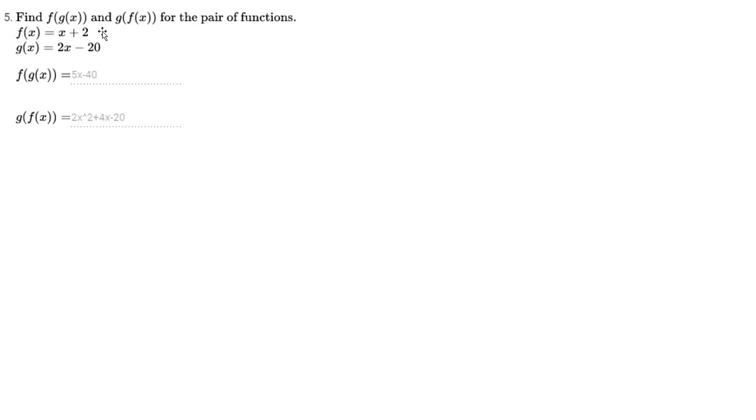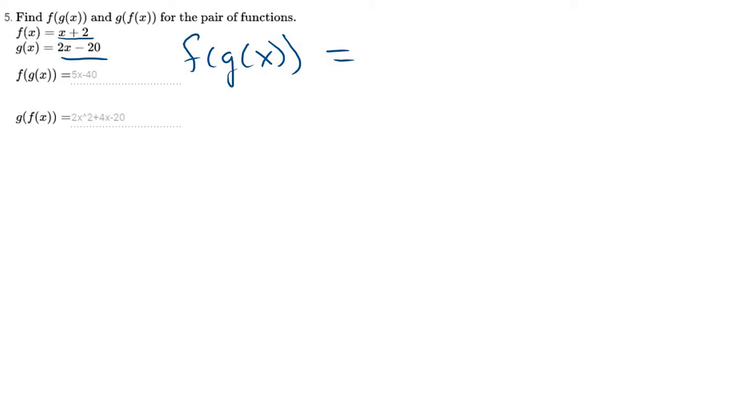Okay, how about this one? They actually want us to find some general expressions. It's a little easier with just numbers. What if they're expressions? So find f of g of x. Okay, well, g of x is 2x minus 20. f of x is x plus 2.